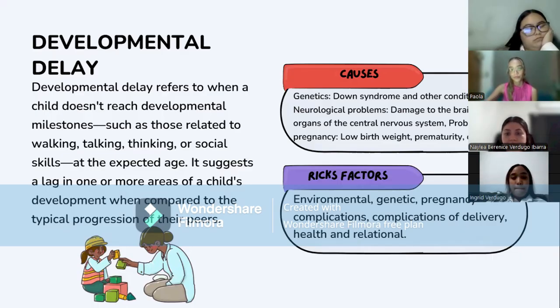Causes: genetics, Down syndrome and thyroid conditions, neurological problems, damage to the brain or the organs of the central nervous system, problems during pregnancy, low birth weight, prematurity, or infection. Risk factors: environmental, genetic, pregnancy, complications of delivery, and health.